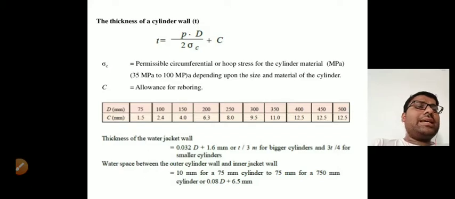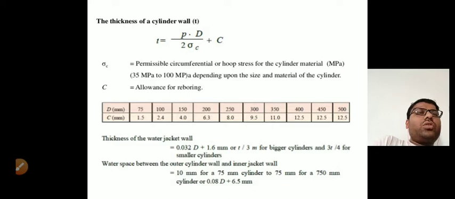Now see, two stresses are produced, longitudinal stress sigma L and circumferential stress, but we are taking the circumferential stress to find the thickness of the cylinder. Why? Because the longitudinal stress is always less than the circumferential stress produced in the cylinder, right? So this circumferential stress is greater than the longitudinal stress.